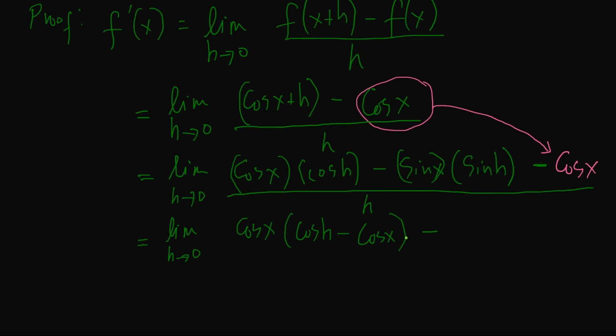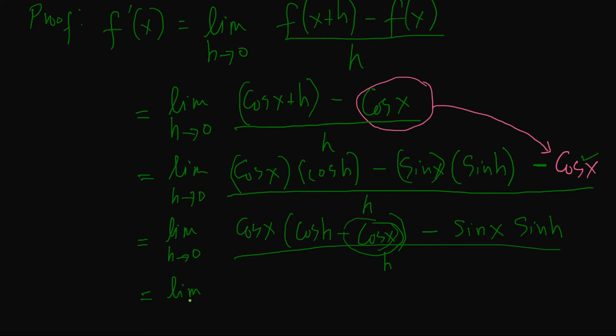So I have here this term cosine of x and the quantity of cosine of h minus this cosine of x. This one here came from this one. And I will retain the remaining terms, sine x and sine of h, all of them over h.